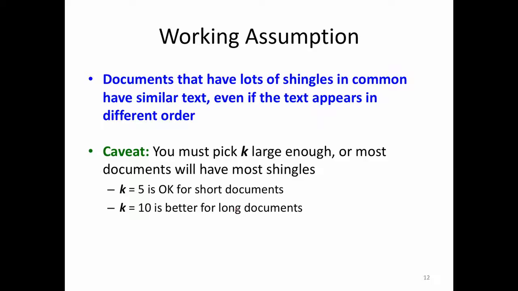The total number of possible shingles is going to be very, very large, but you preserve the order information very strongly. So that is the caveat of how you choose k.